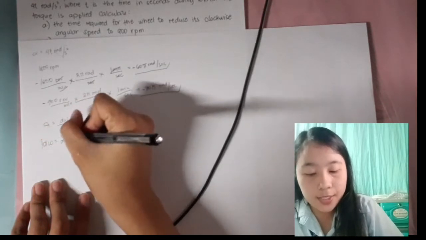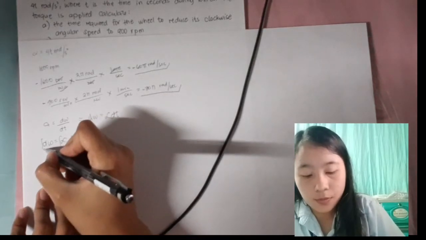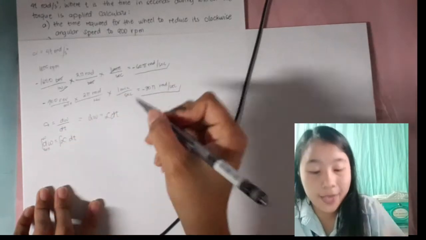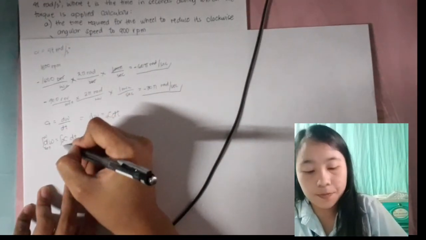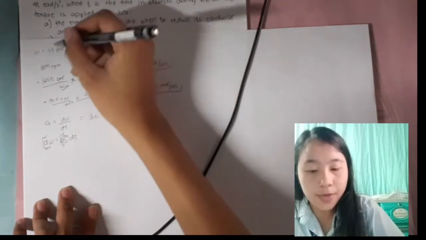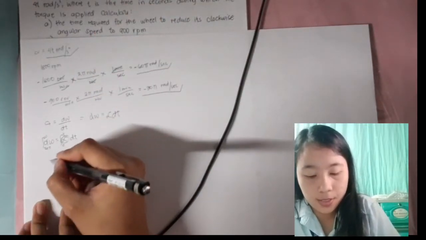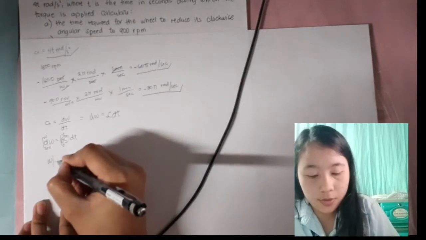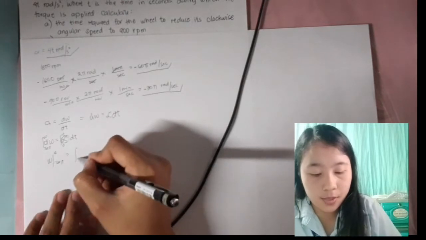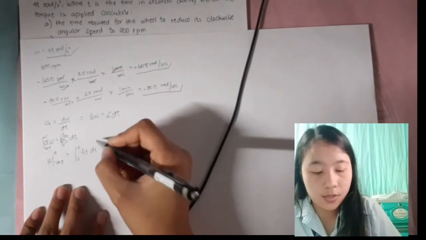We can integrate this to get the omega, from negative 60 pi to omega, and 0 to t. Substitute the value of alpha, which is 40t rad per second squared. So negative 60 pi to omega is equal to the integral of 0 to t of 40t dt.